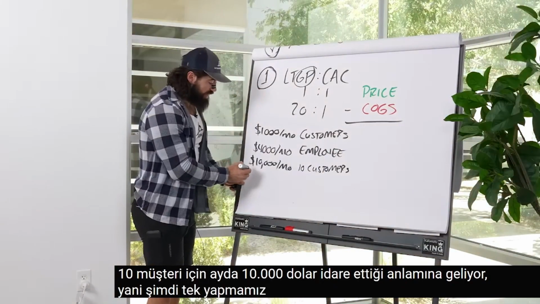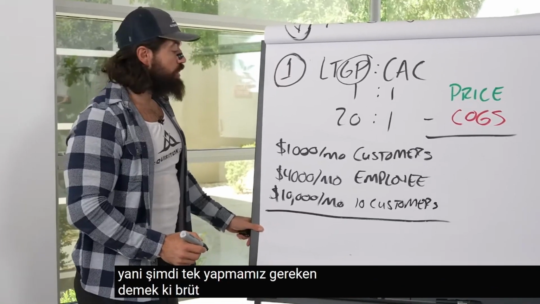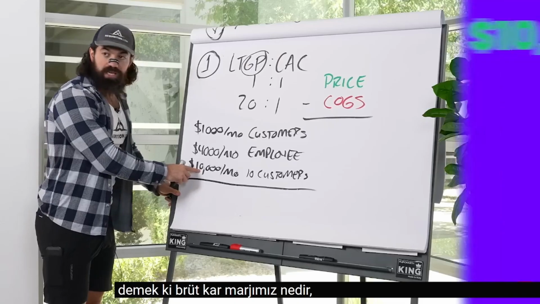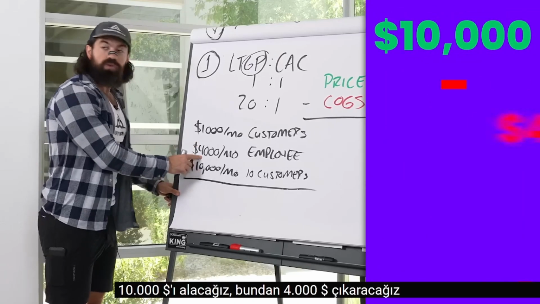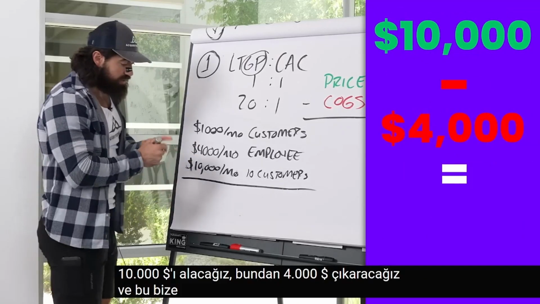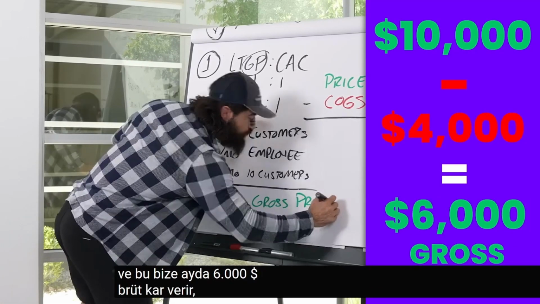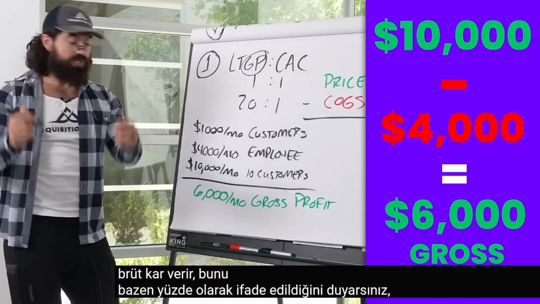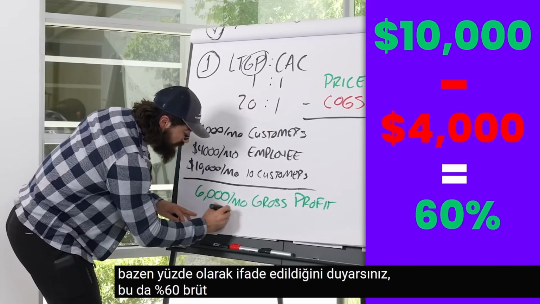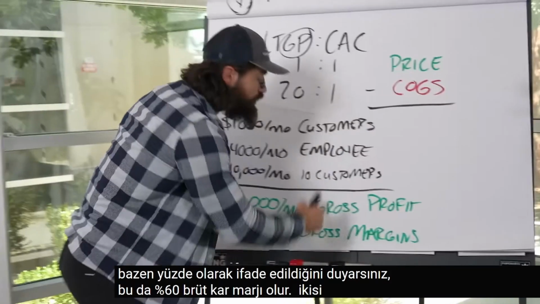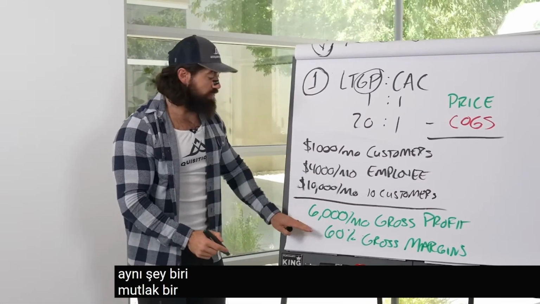So now all we have to do is say, what is our gross margin? We're going to take the $10,000, we're going to subtract $4,000 from it, and that gives us $6,000 per month gross profit, which you'll sometimes hear expressed as a percentage, which would be 60% gross margins. Both of these are the same thing. One is an absolute number, the other percentage.